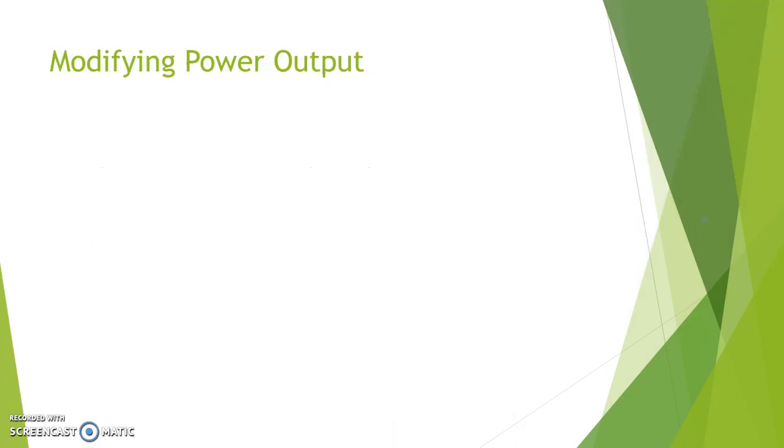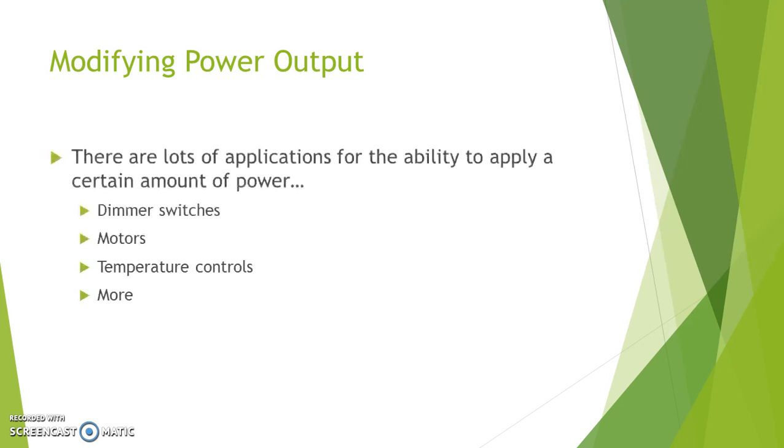Now, we haven't really talked that much about controlling power. In a car, we control it by pushing down the accelerator, of course, to generate more power output. Things are not nearly so simple when we want to talk about an Arduino. Having said that, there are lots of applications for that idea.